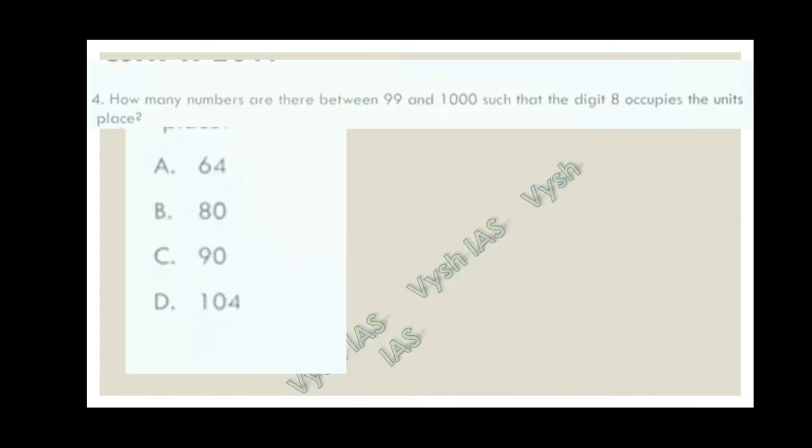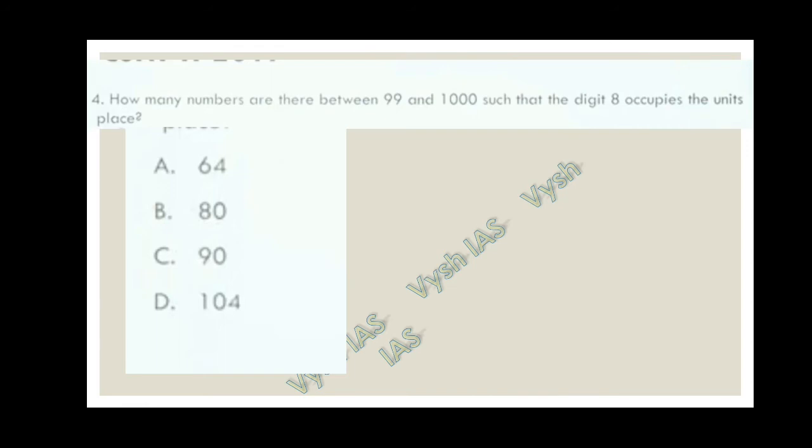Question number 4. How many numbers are there between 99 and 1000 such that the digit 8 occupies the unit place? Let's see, initially 100 to 999.